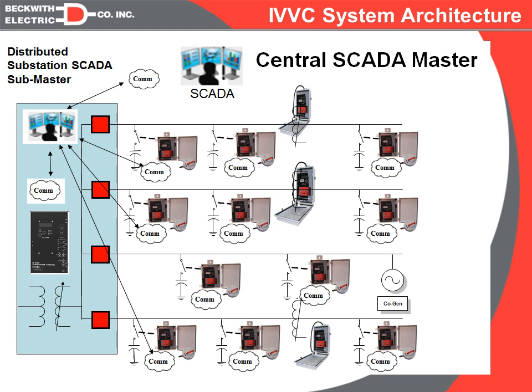So our next approach is going to be a centralized master that is going through a substation. In this case we have a SCADA master, but it is not polling the devices directly. The devices are being polled from the substation RTU, and then their data is being passed up to the SCADA.